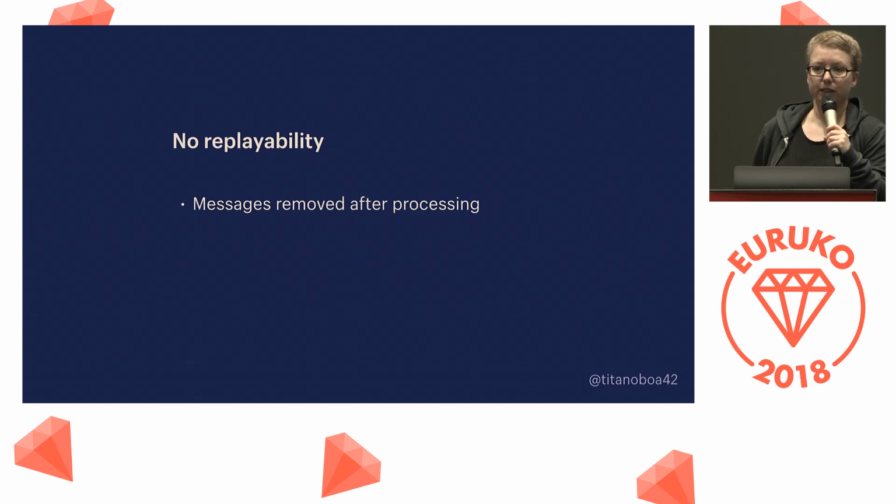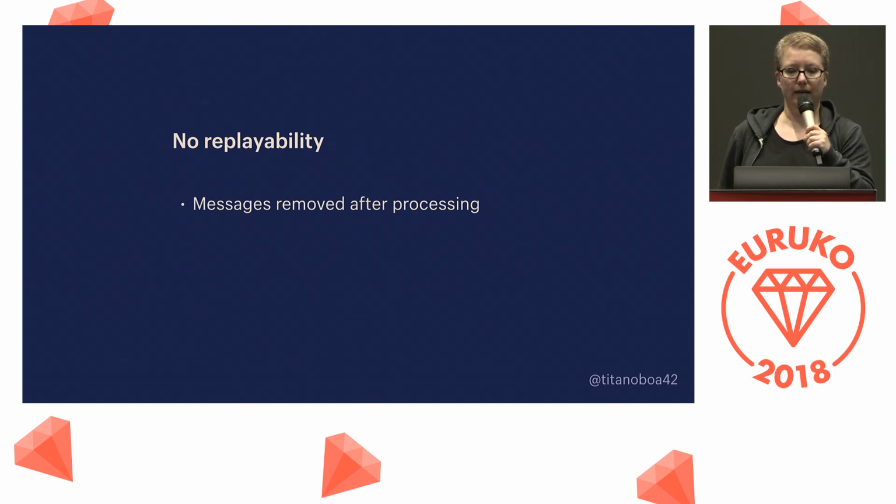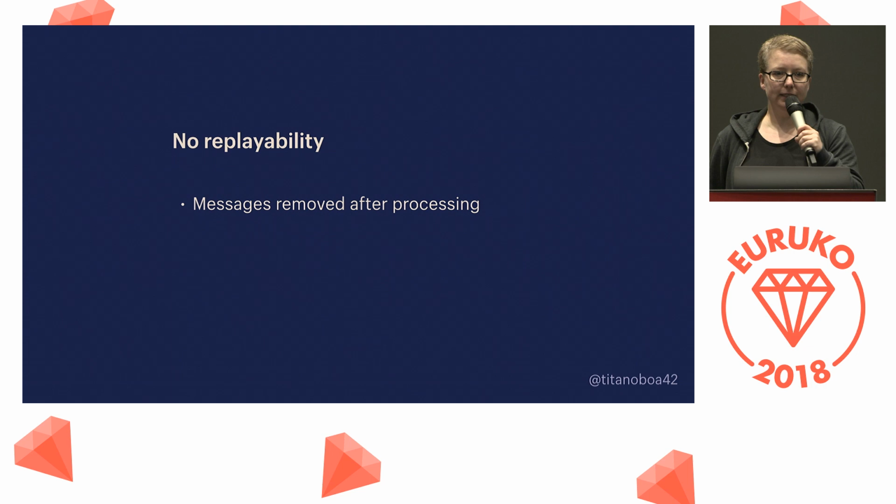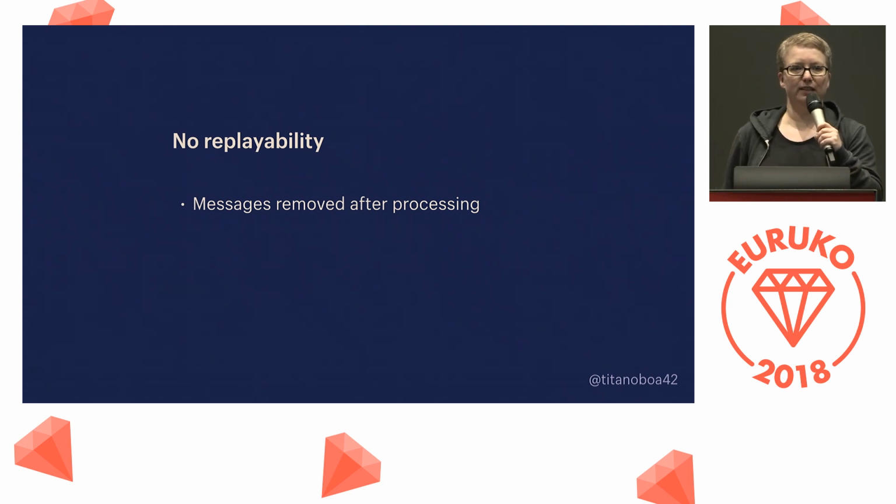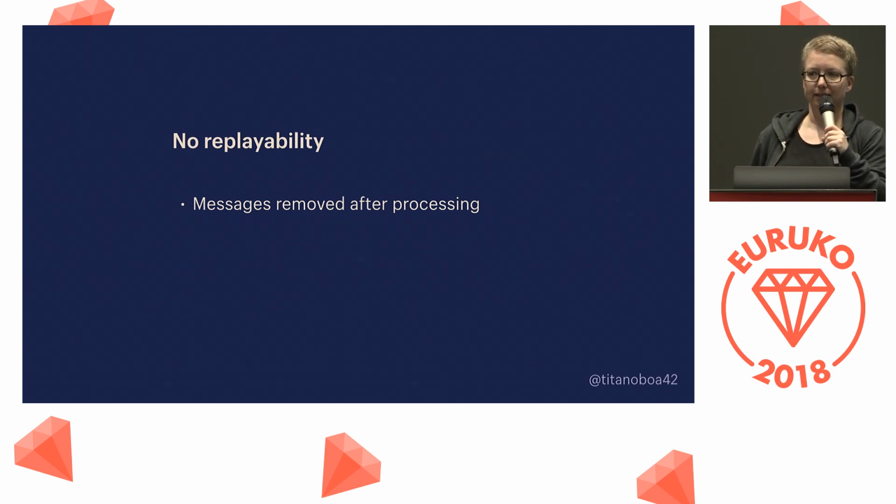Messages are removed from the queue after processing, so I cannot replay the stream of messages. Replayability is a feature that's very useful when building event-sourced systems. In an event-sourced system, I am not storing the current state of the resource. I'm storing a log of events that I can replay in order to recalculate the current state.